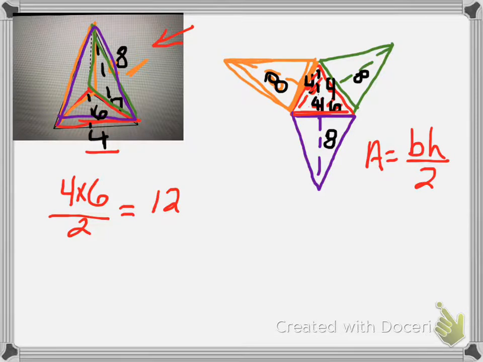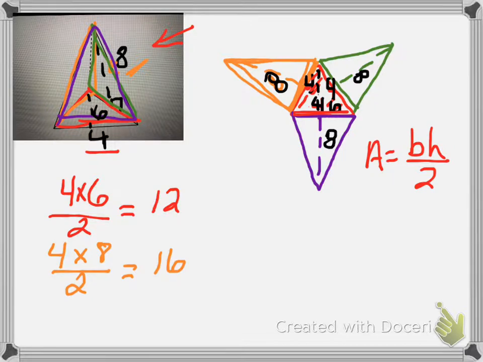Base on the orange triangle is 4, and the height is 8, and we have to divide that by 2. So 4 times 8 is 32, divided by 2 is 16. I hope I did that right. And that is the area of our orange triangle.